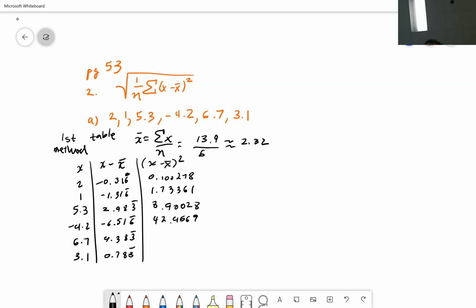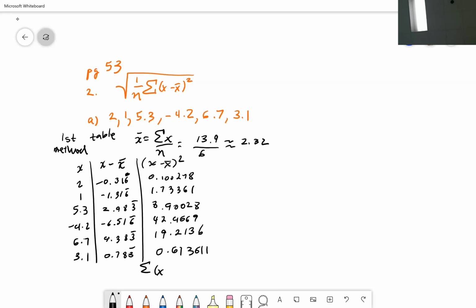And then parentheses, this, and then close, and then square it. And we got 19.2136. And then the last one, this one is that, but squared. And we got 0.613611. And then now you add all these numbers up together.